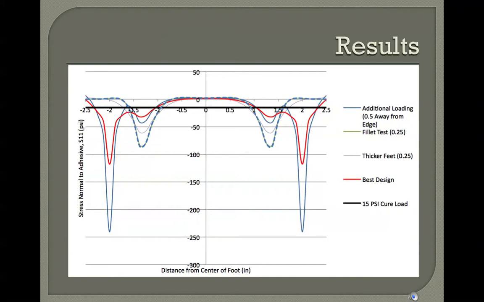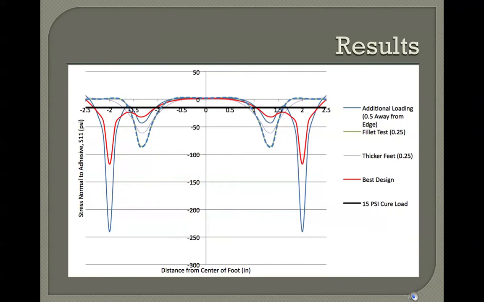Another surprising result was that when incorporating a higher thickness on the walls to produce the effect of a fillet, there were no substantial effects on the stress distributions, as can be observed in the graph. A thickness of 0.25 and 0.35 inches slightly dispersed the stress, but did so insignificantly enough that it did not increase the minimum cure load met areas.